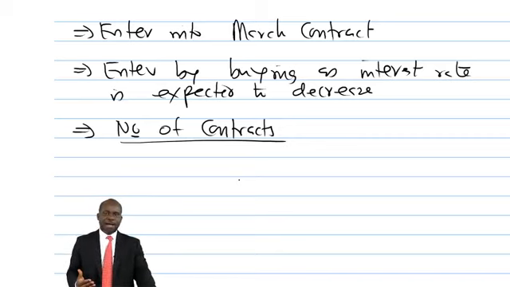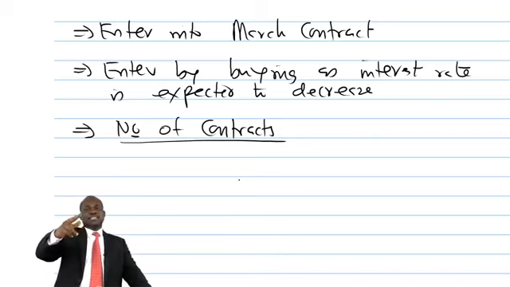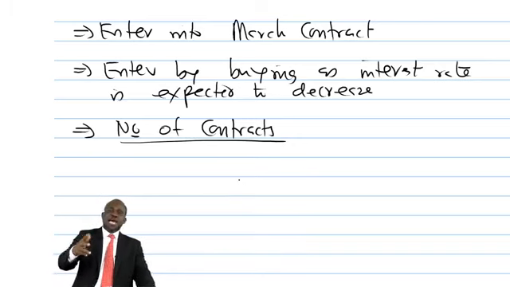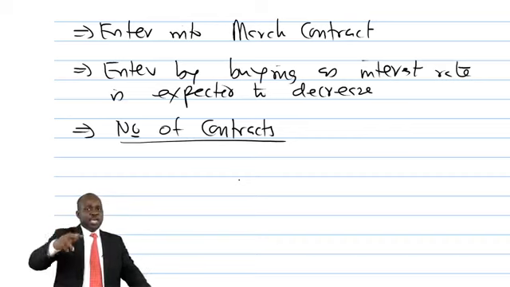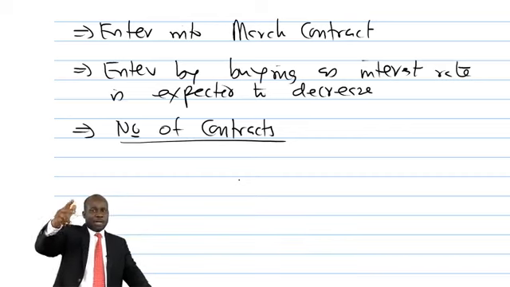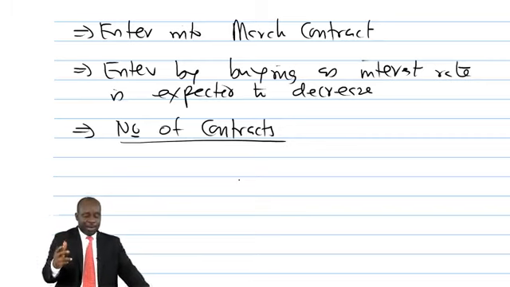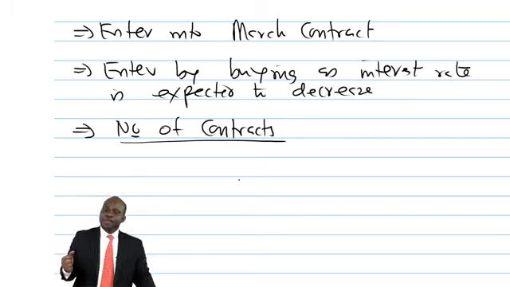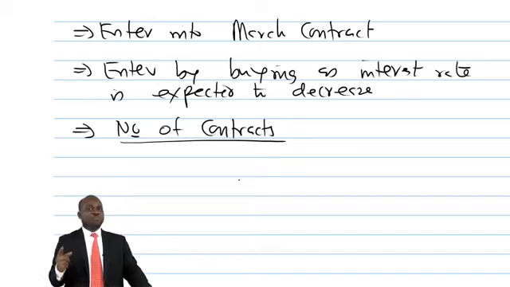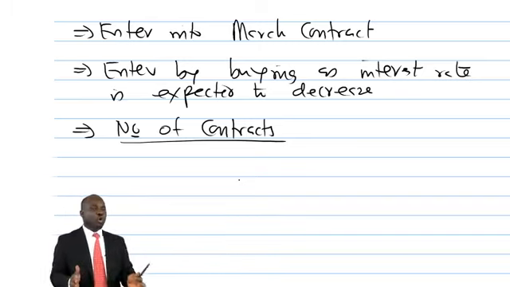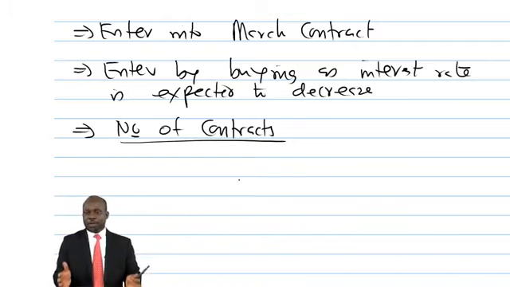What do I mean by that? Futures is in a cycle of 3 months, 3 months. So its assumption here is that you are going to borrow in a cycle of 3 months, 3 months, or you are investing in a cycle of 3 months, 3 months, 3 months. But because interest rate is expressed per annum, are you technically going to borrow or lend over a period of 3 months?